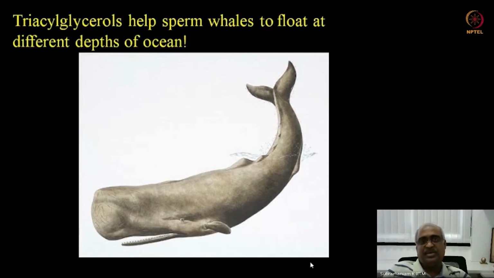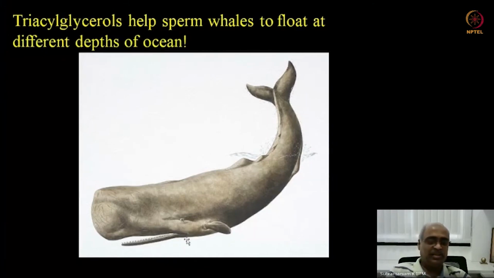A mixture of them, with varying lengths and varying degrees of unsaturation, can give you a mixture such that the melting point can vary a lot. And as a result, whether it is going to be denser or less dense, all of that is determined by these two factors, that is the length of the chain and the degree of unsaturation.